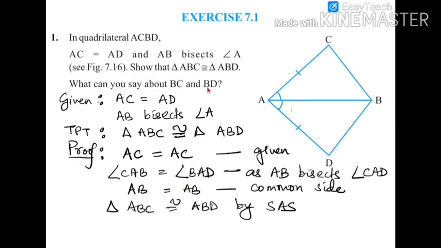What can you say about BC and BD? BC and BD are the corresponding sides of congruent triangles. So they are going to be equal. We can write this in short CPCT, corresponding parts of congruent triangles.